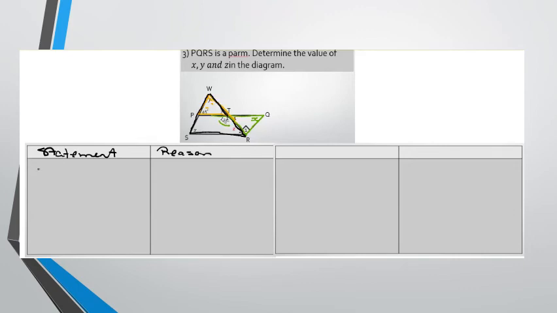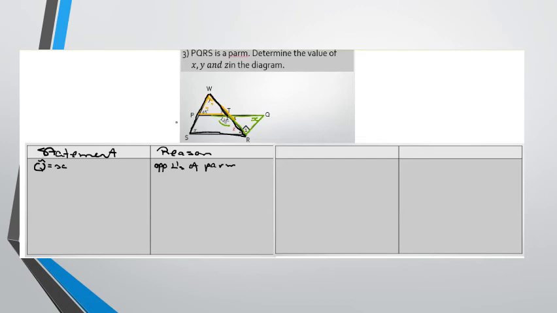I would like to start then by saying first that angle Q must be equal to x. And my reason for that is opposite angles of a parallelogram. Now I have that.